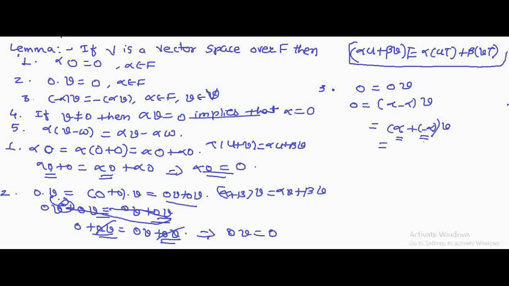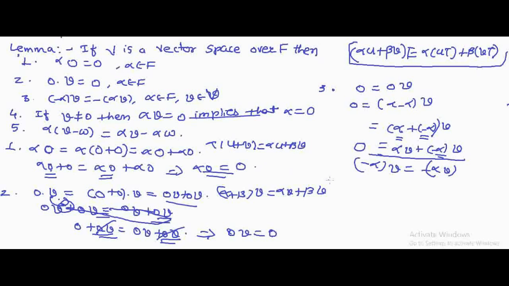So alpha plus beta into V equal to, by condition of vector space, alpha V plus minus alpha into V equal to 0. This means that this minus alpha into V must be equal to minus alpha V, otherwise it will not be satisfied, and hence the proof.